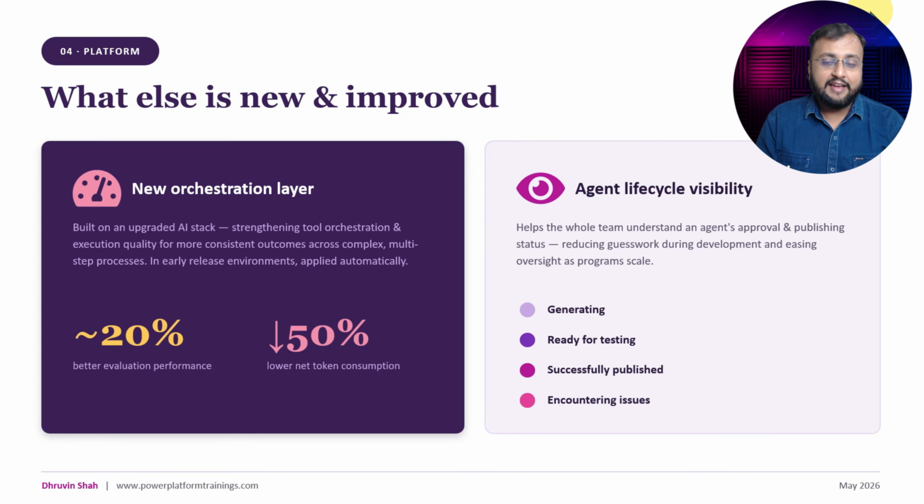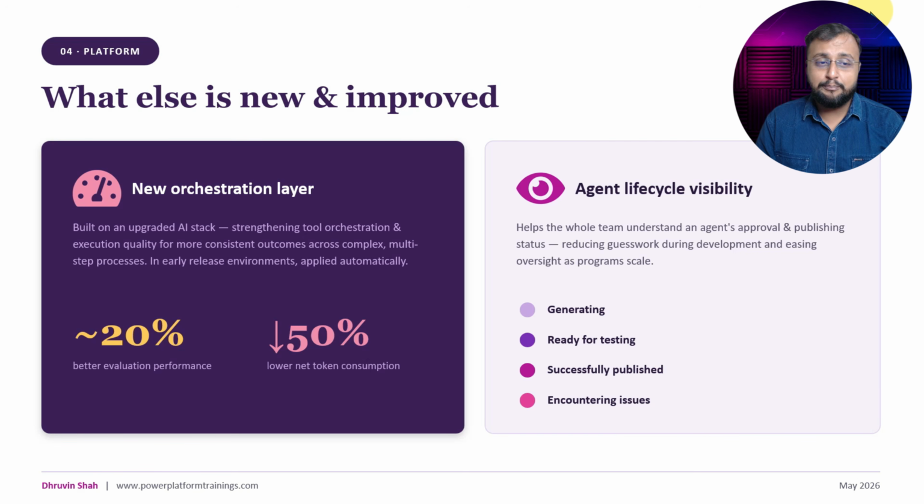The next update is around the current platform implementation of Copilot Studio. Basically, a new orchestration layer has been implemented in Copilot Studio now. We know that we have classic orchestration and generative AI orchestration in Copilot Studio.